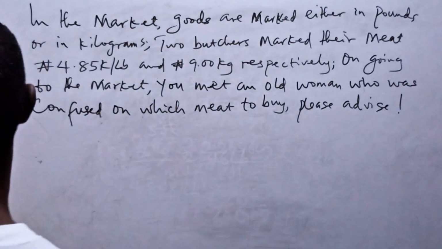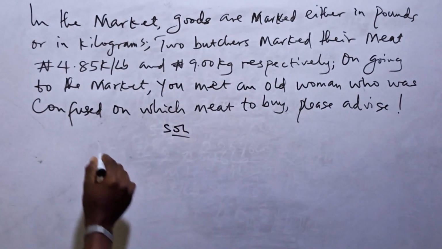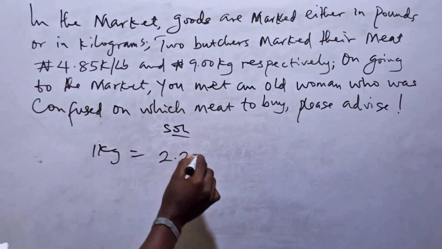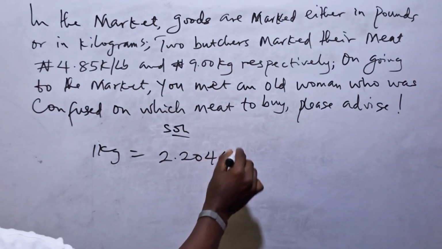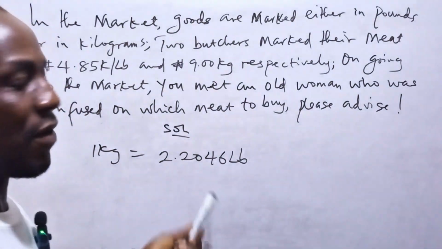Now let's see what we have here. By conversion factor solution, 1 kilogram is equal to 2.2046 pounds. If you watched my previous video, I believe you're familiar with this value.